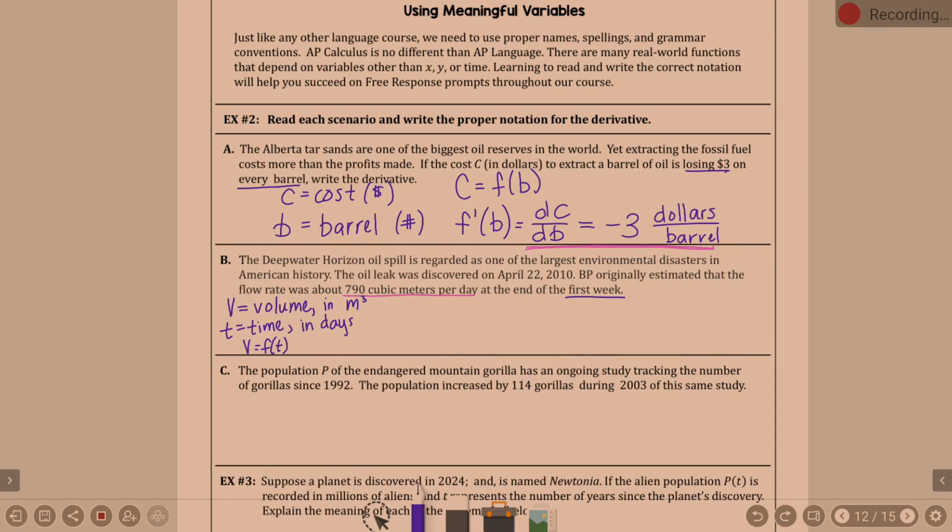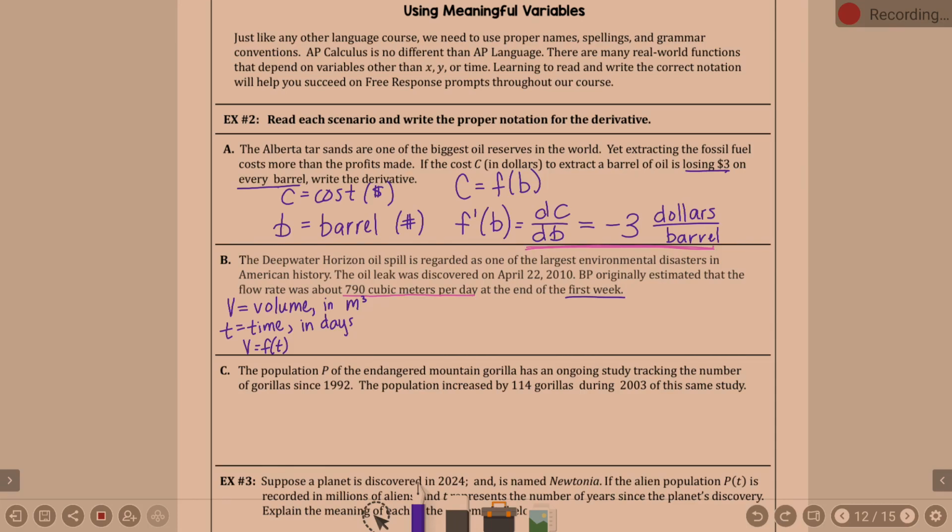Ways to write this. Say dV over dt, evaluated at t equals 7, equals 790. Yes.